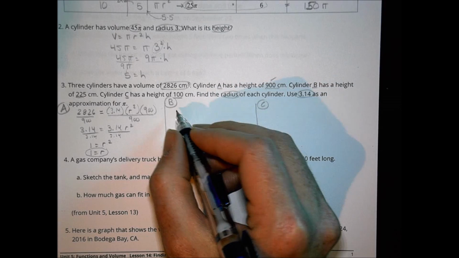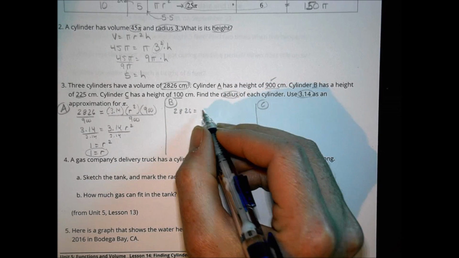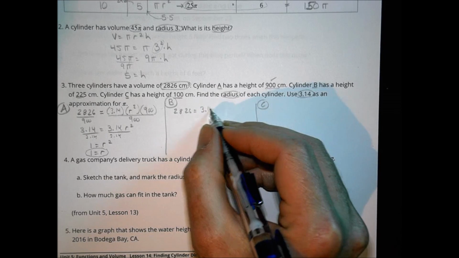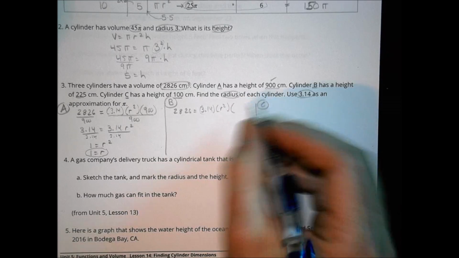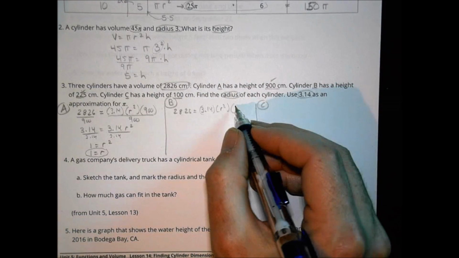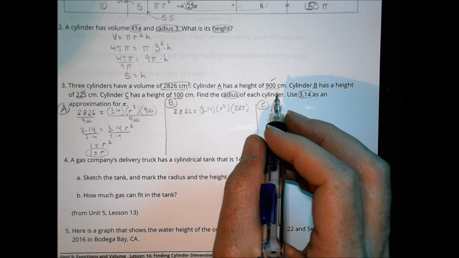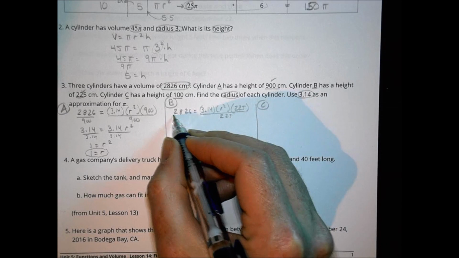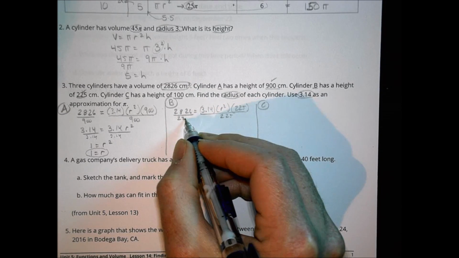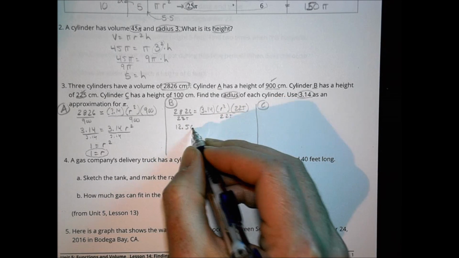Cylinder B, same idea. We have 2,826 is going to be equal to pi, 3.14, times the radius squared, which we don't know, times the height, which in this case was 225. So again, I'm going to divide both sides by 225, and 2,826 divided by 225 is equal to 12.56.